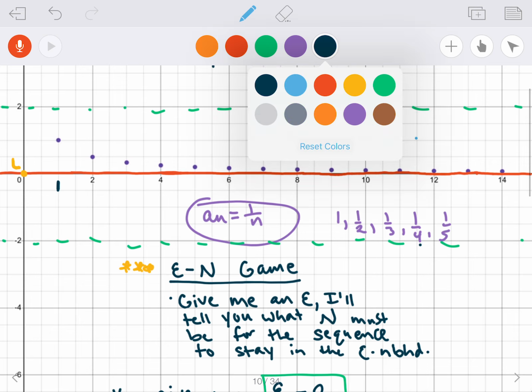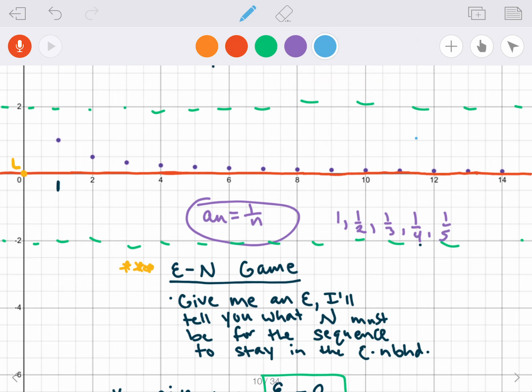So let's make my epsilon neighborhood around 0. So if this is a half, then a 1/4 is going to be something like this. Okay, and then the other end of this is going to be like that. Oh, shoot. Let's see.